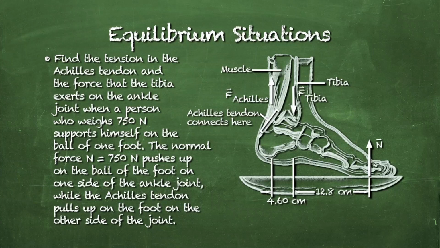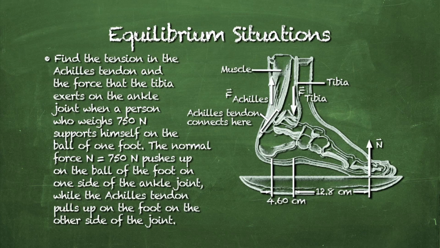Let's take a look at another example. Find the tension in the Achilles tendon and the force that the tibia exerts on the ankle joint when a person who weighs 750 newtons supports himself on the ball of 1 foot. The normal force, N, is equal to 750 newtons, pushes up on the ball of the foot on one side of the ankle joint, while the Achilles tendon pulls up on the foot on the other side of the joint. You can see this situation described in the diagram together with the distances.